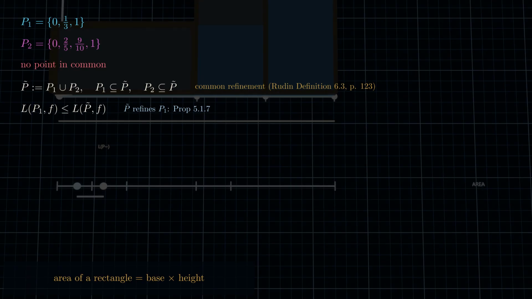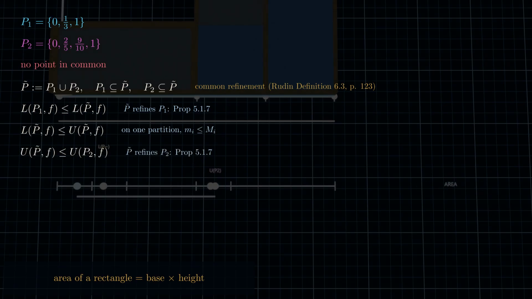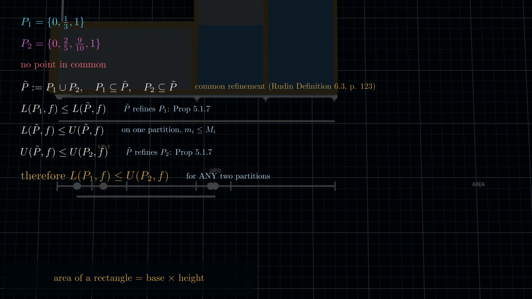Because on a single partition the short rectangles sit inside the tall ones, L of P tilde is at most U of P tilde. Because P tilde refines P2, U of P tilde is at most U of P2. Chain those three. L of P1 is at most U of P2. Read that. Any lower sum and any upper sum from partitions with nothing in common, and the lower one is below the upper one. Always.